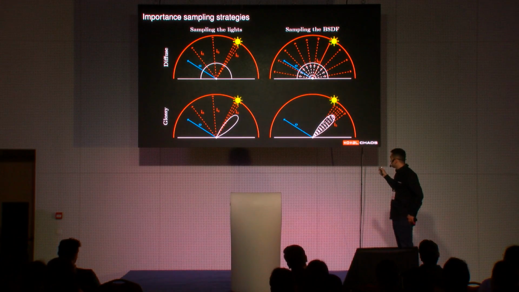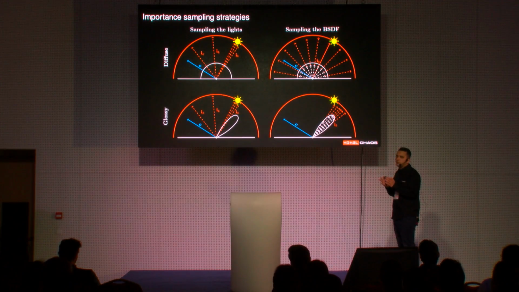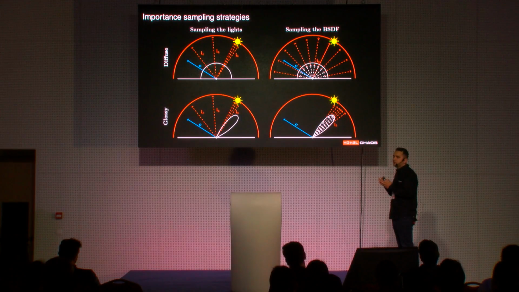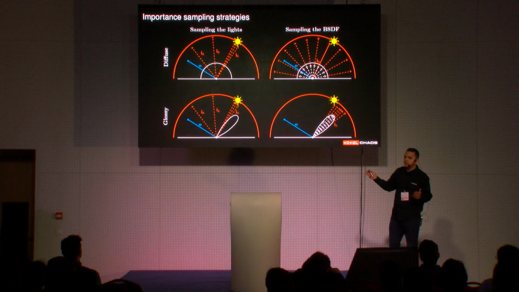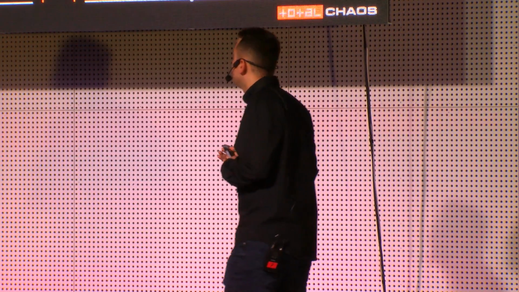And on the other hand here, if we have a glossy material or nearly specular material, it is much more efficient to generate rays proportional to the material. Because if we generate, for instance, a direction from the light, it is very unlikely to find this small direction from which the light will be reflected.